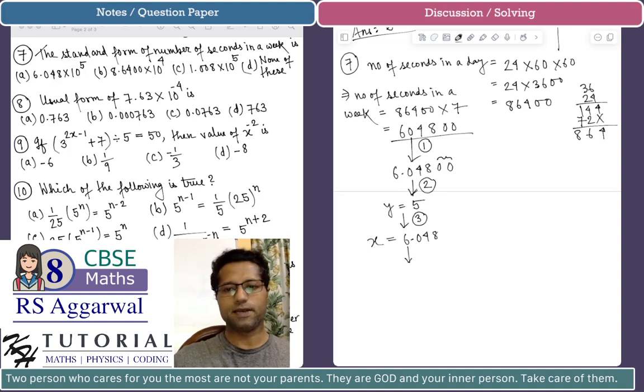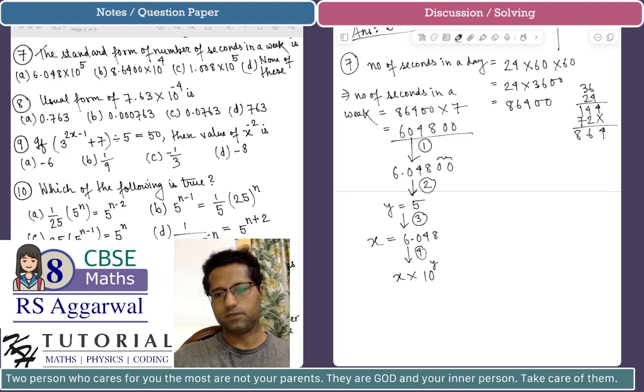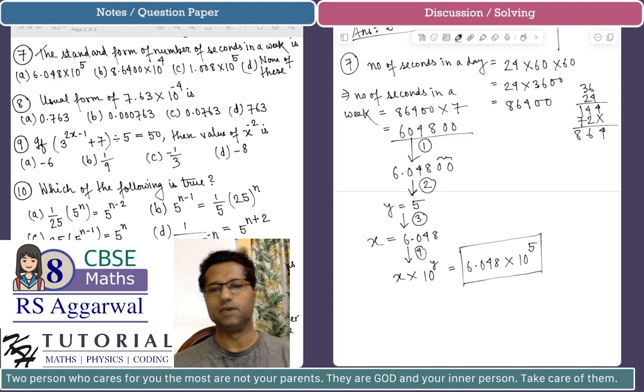So we got x and y, and the number in standard form will be x multiplied by 10 to the power y. This is equal to 6.048 into 10 to the power, y was 5. So this is the number in the standard form of the number of seconds in a week.